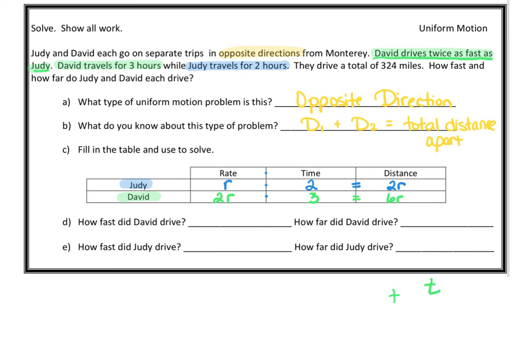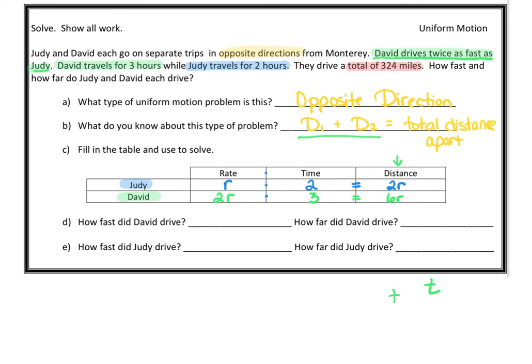Now I set up here the two distances which I just found right here, should add up and equal the total distance apart. So do I know the total distance apart? Yes. They drive a total of 324 miles.